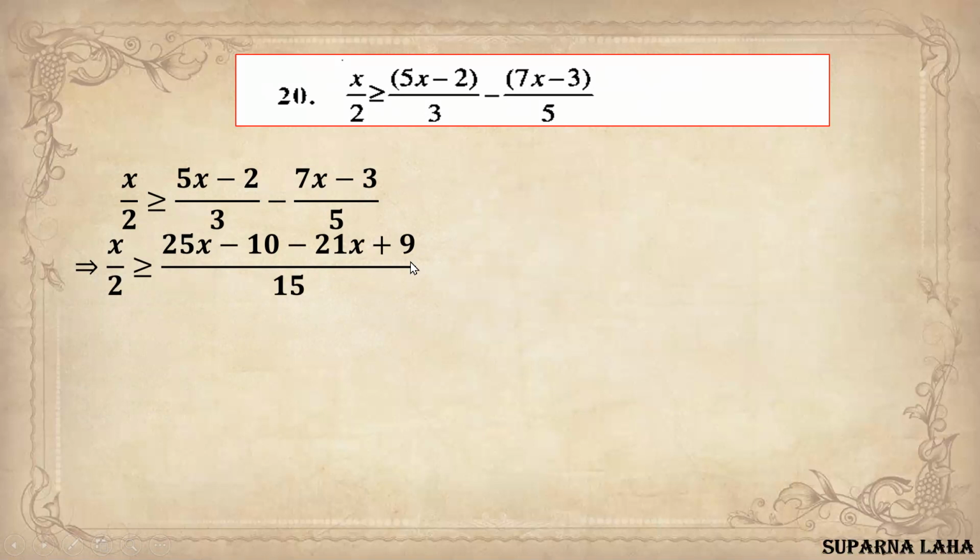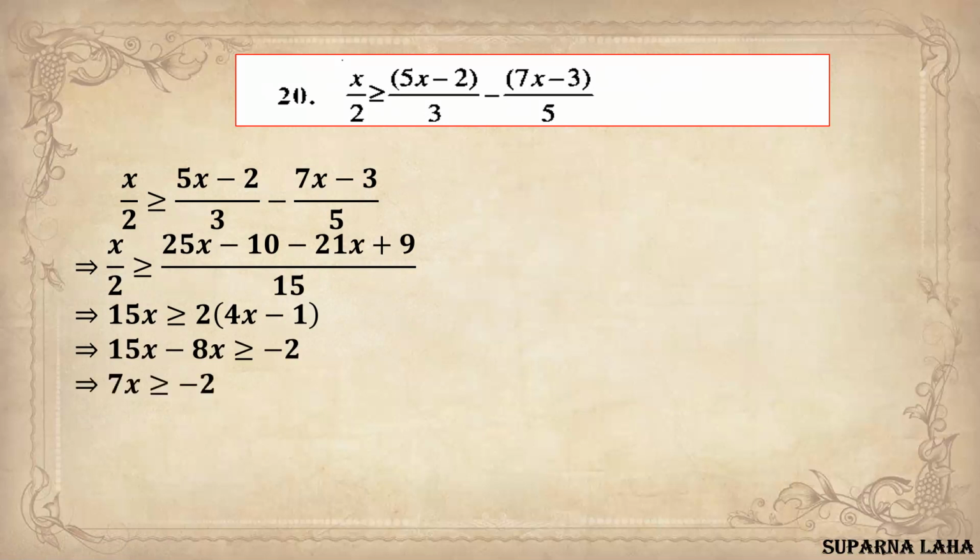Then cross multiply: 15x is greater than or equal to 2 into (4x minus 1). If we simplify it, we get 8x minus 2. Now take the x terms to one side, so 15x minus 8x is greater than or equal to minus 2. So ultimately 7x is greater than or equal to minus 2, so x is greater than or equal to minus 2 by 7.